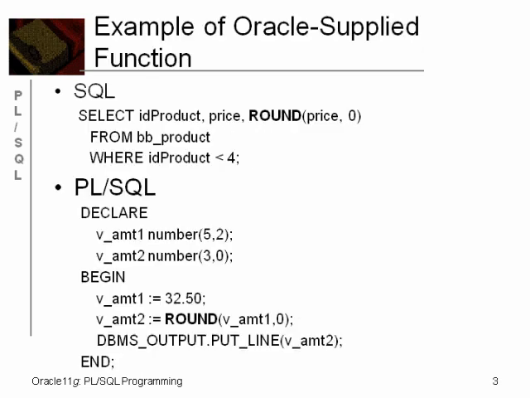Let's look at an example of an Oracle supplied function. And we can see here how it's used in both a SQL select statement as well as a PL/SQL block. So if we look here at the SQL call for this function, we've got select. We're selecting out the product ID, the price, and then we want to round the price with 0 decimal places.